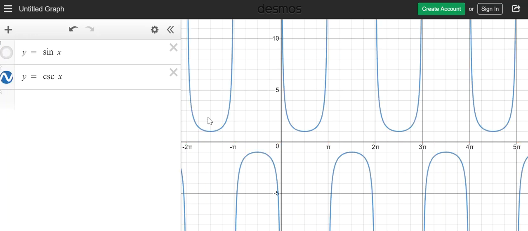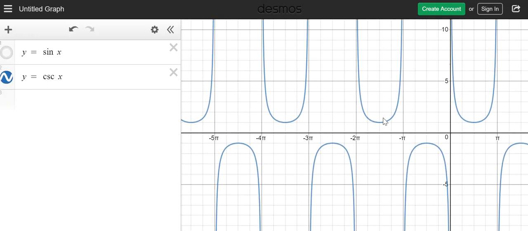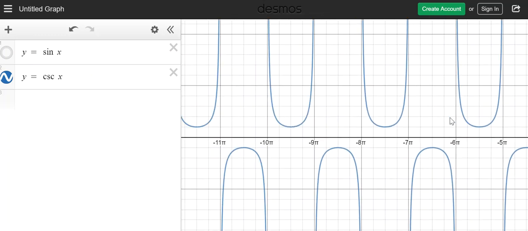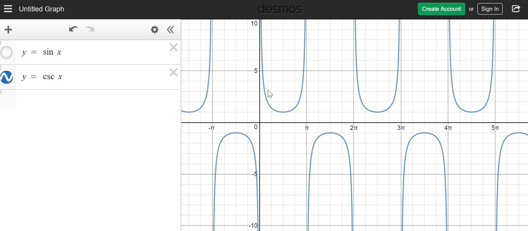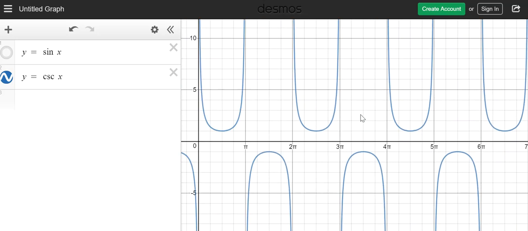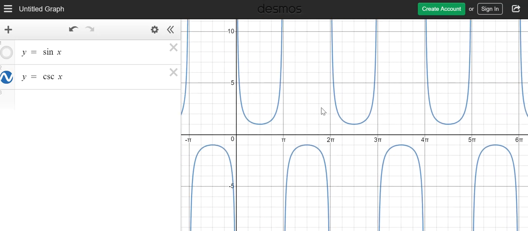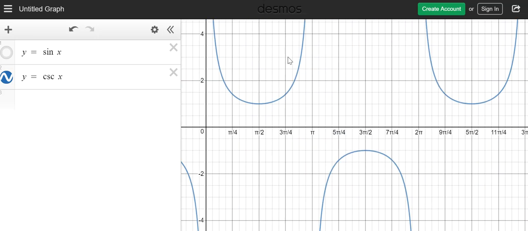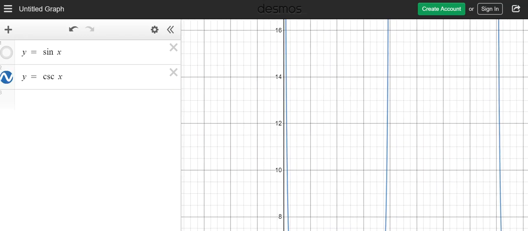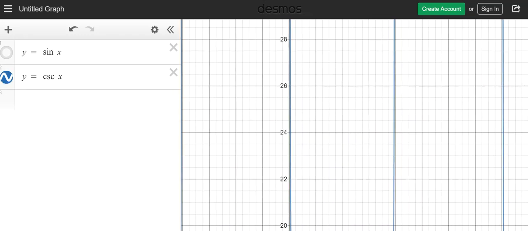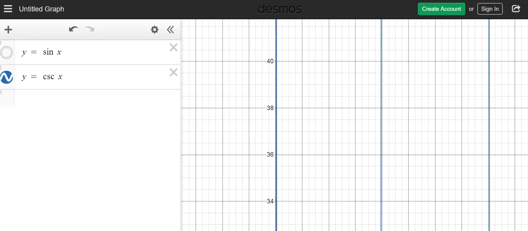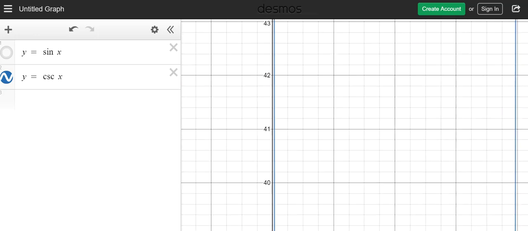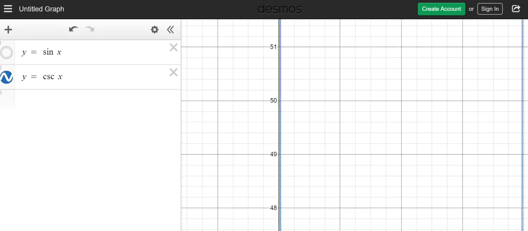But if we take a look at cosecant, you'll notice that it does go forever to the left and it does go forever to the right. But unfortunately, we can't just say all real numbers because what we notice right here is that the graph actually never touches. So if we see how it's getting closer and closer, but then if we zoom in, it really never touched, and we go a little bit further to see if it does.